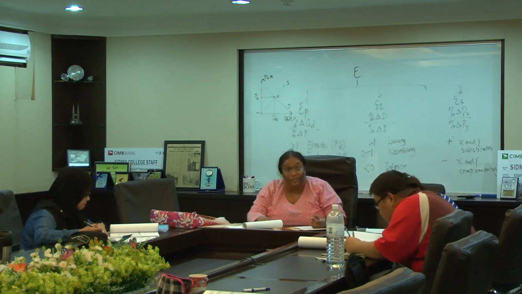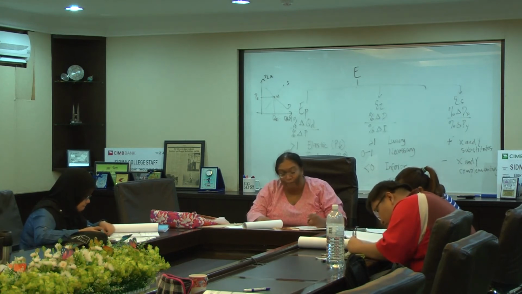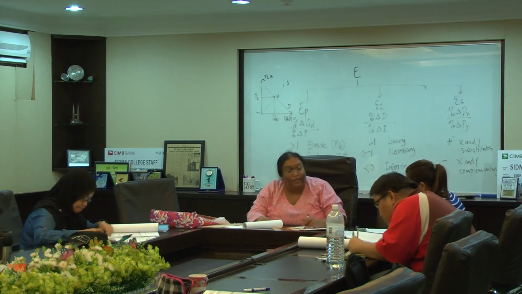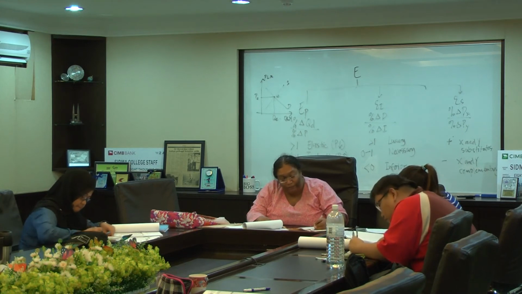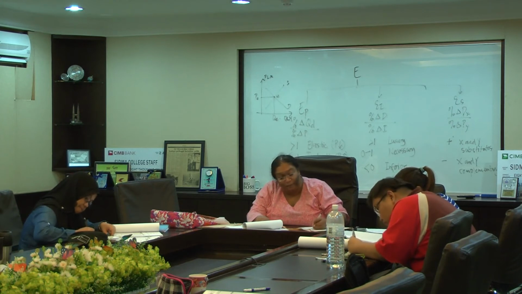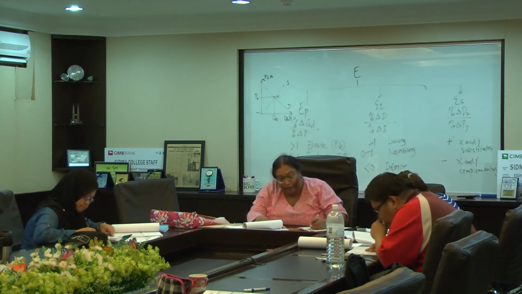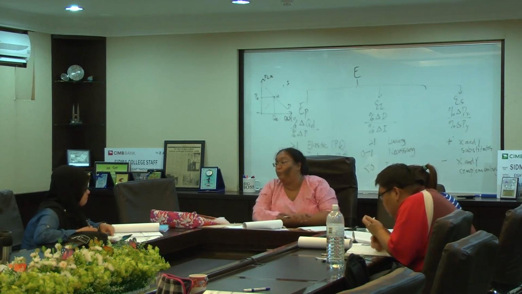Because we're calculating elasticity of demand. Okay? When the price is 11 ringgit, quantity is 20. Alright? Then what is the next price? 5. When the price was 5, what is the quantity they purchased? 80 kilos, correct? And you got 2 quantity and 2 price.